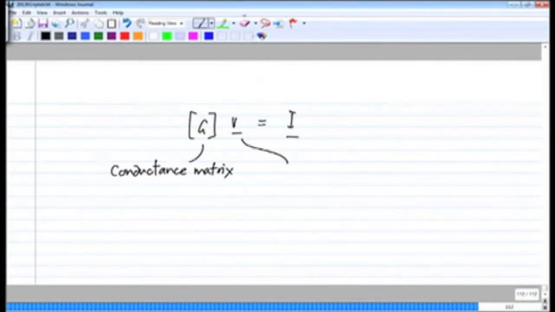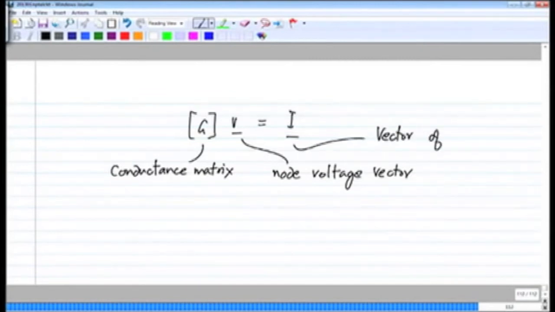This bar below the letter means that it's a vector, and finally this is the vector of independent sources.